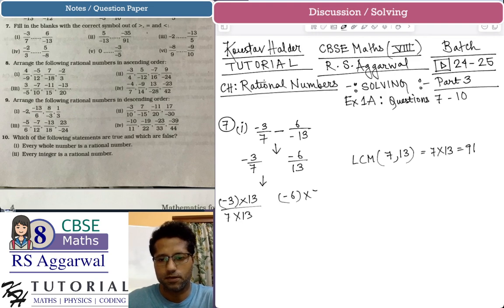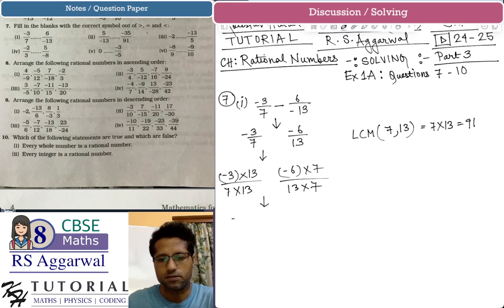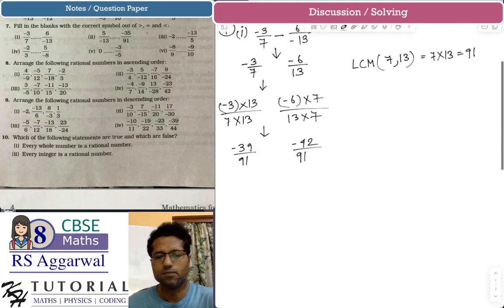So this becomes minus 6 into 7 divided by 13 into 7. So now the pair of rational numbers becomes minus 39 divided by 91, and minus 42 divided by 91. So now we have the two rational numbers having the same common denominator, that is 91.